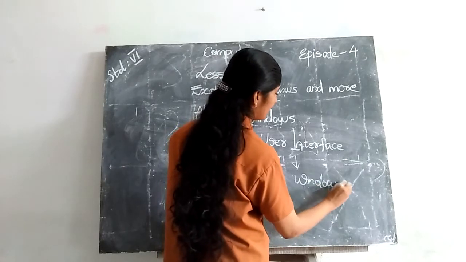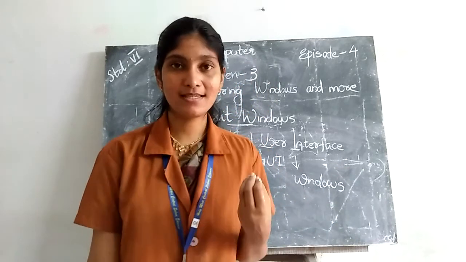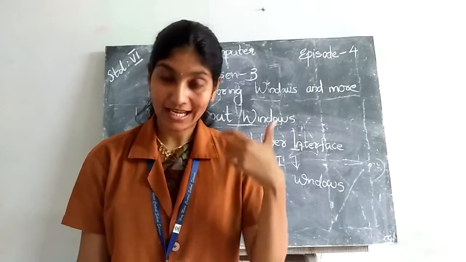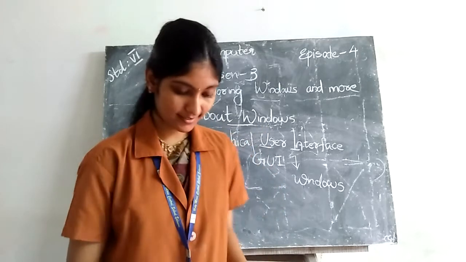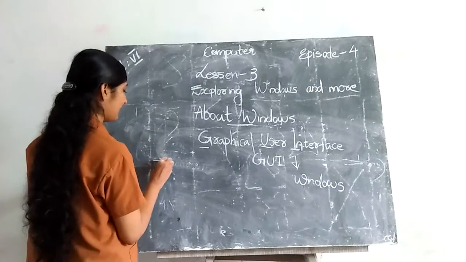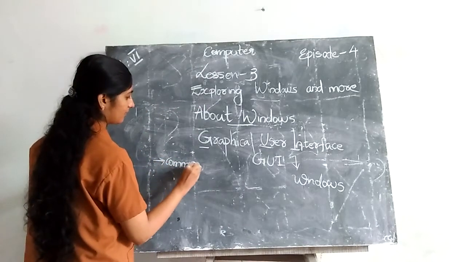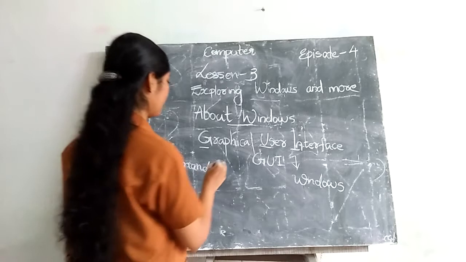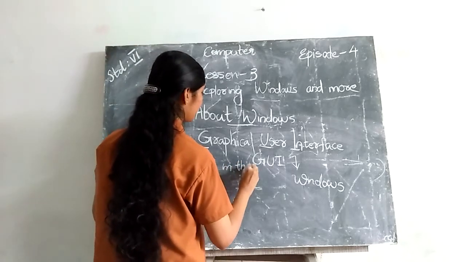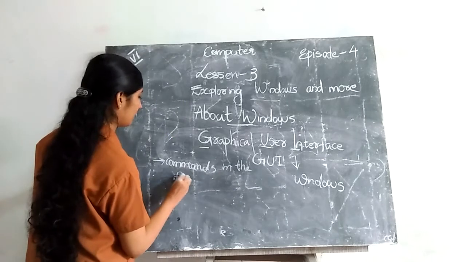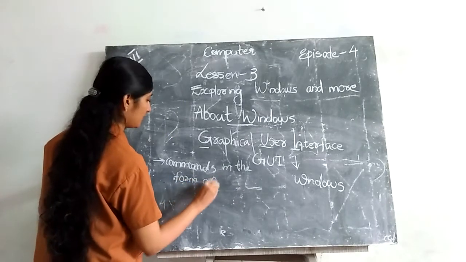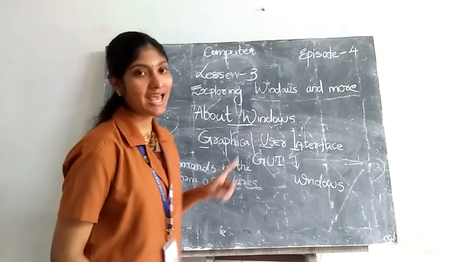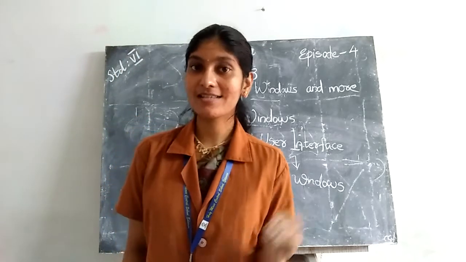Graphical user interface means instead of commands, there are some small pictures. The commands are in the form of pictures, and these small pictures are known as icons.